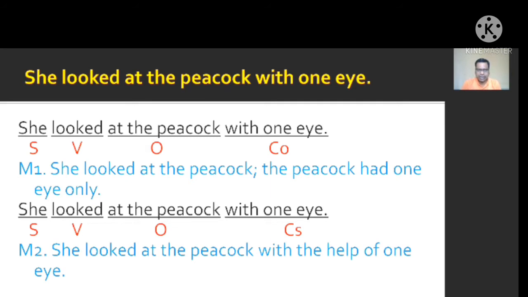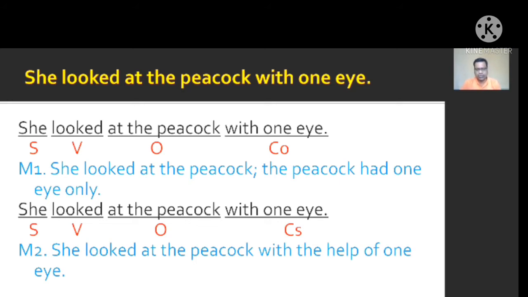She looked at the peacock with one eye. She, third person, singular number, looked, V2, functioning as verb, at the peacock, prepositional phrase functioning as object, with one eye. Now in this case, I am making it complement to subject, with one eye. So she is having one eye, right?